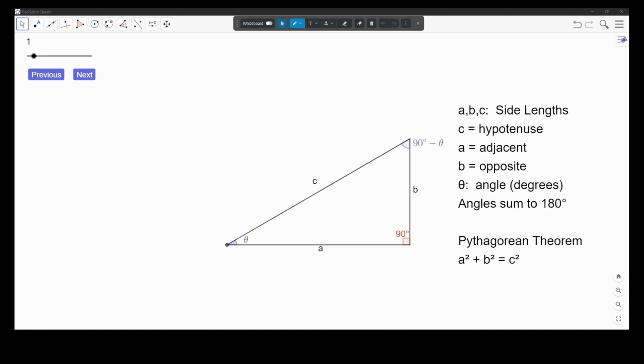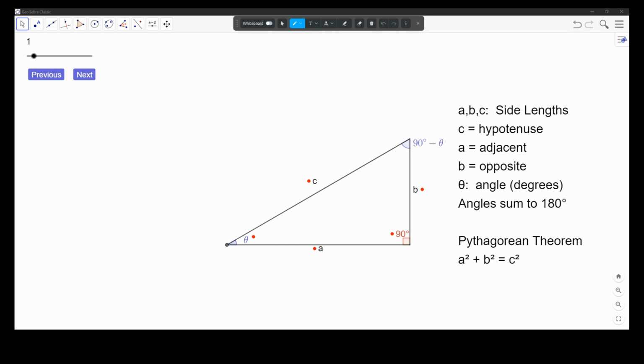All right, so we start the discussion by talking about right triangles. Now, a right triangle is simply a triangle where one of the angles is at 90 degrees. Now we label the side lengths A, B, and C. And then we label one of the remaining angles with the Greek letter theta.